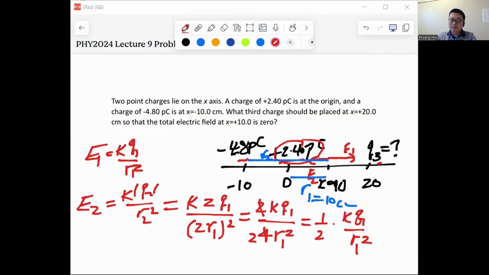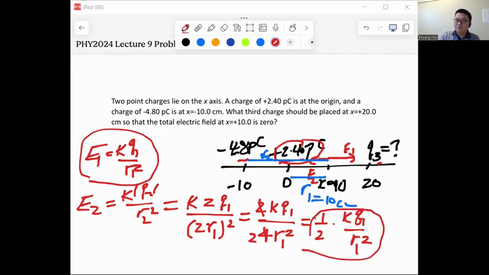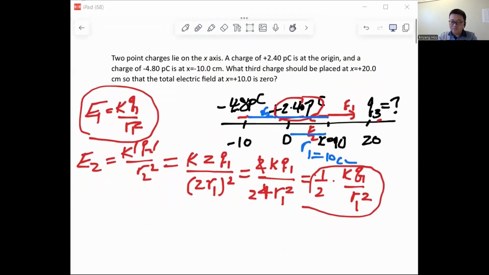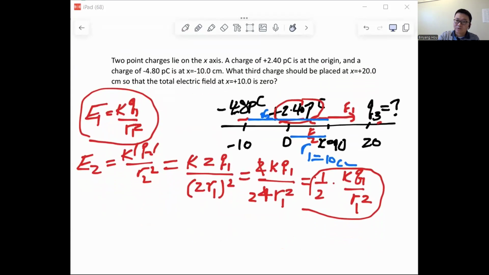So you can see E1 is KQ1 over R1 squared, and E2 is this, so E2 is actually just half of E1. E2 is smaller than E1, which is why I intentionally drew E2 shorter than E1.